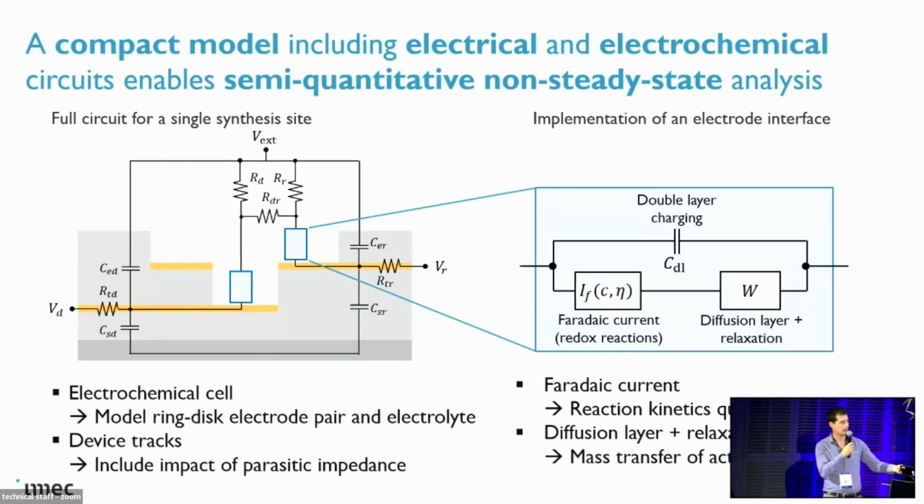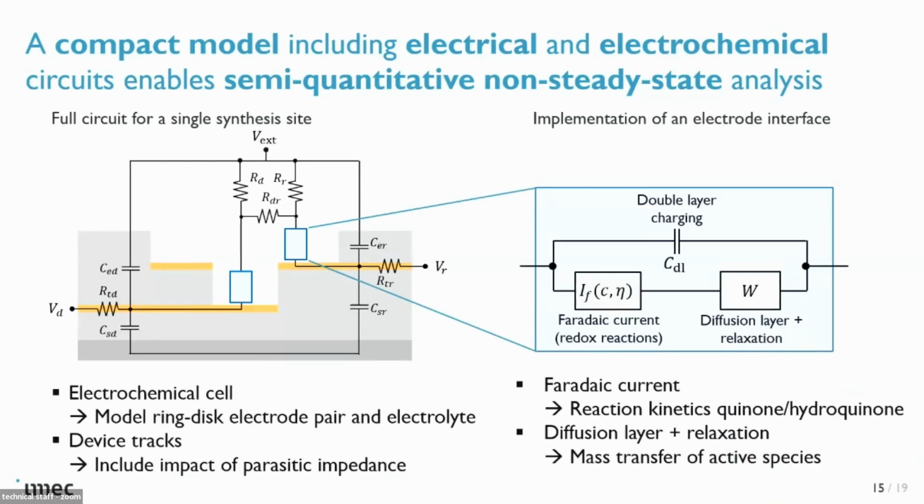In this case, every electrode is modeled as a double layer capacitance in parallel with a faradaic current element and a Warburg element to model the mass transport. So this really allows you to more or less accurately depict the behavior of the electrochemistry in an electrical circuit.